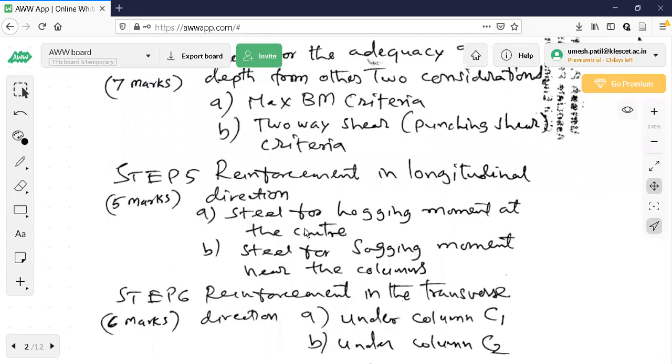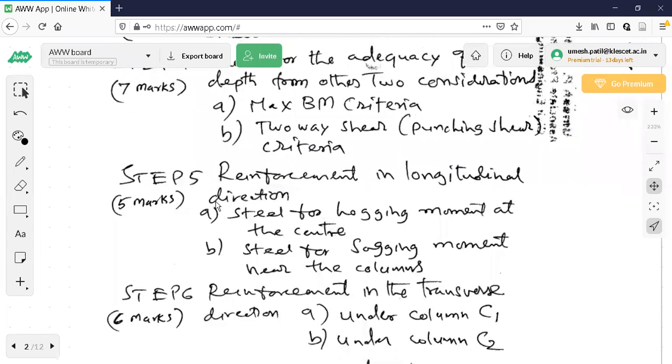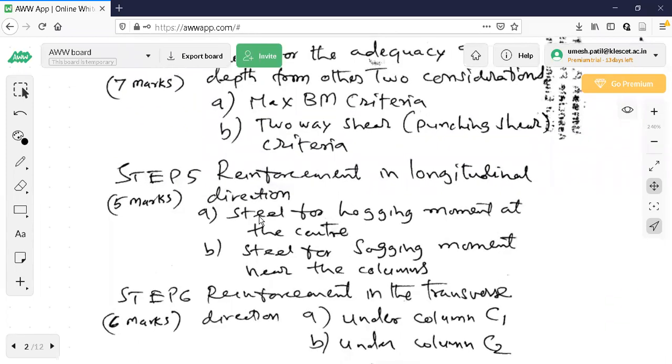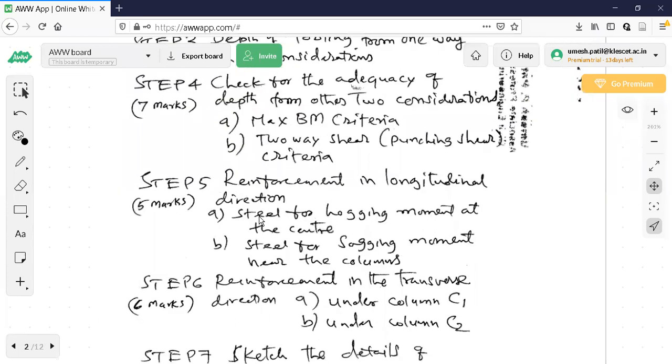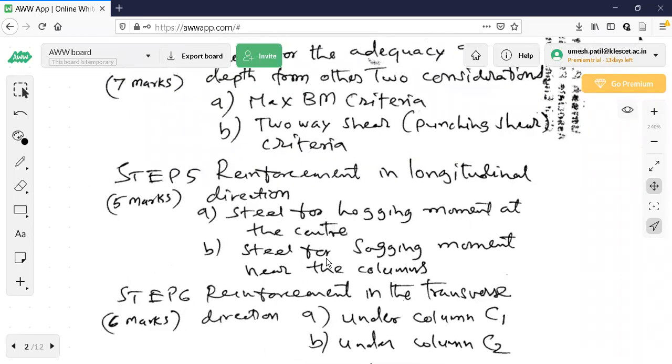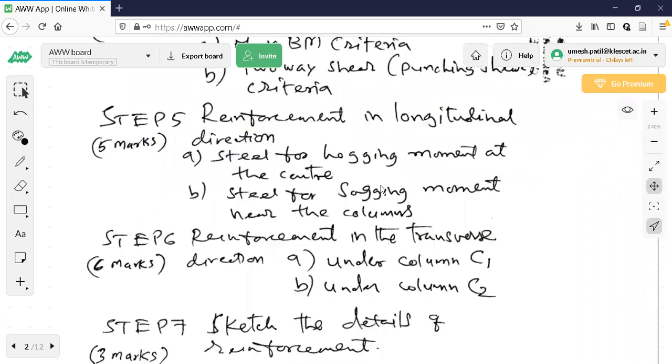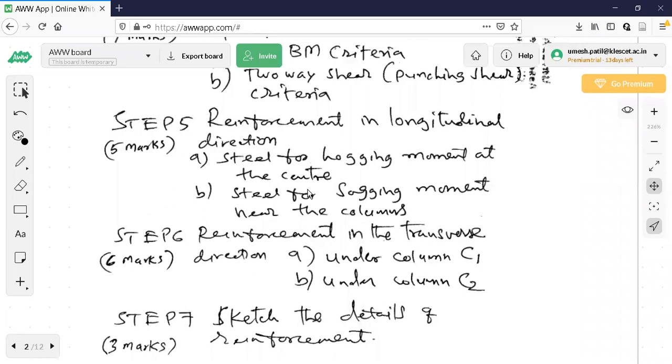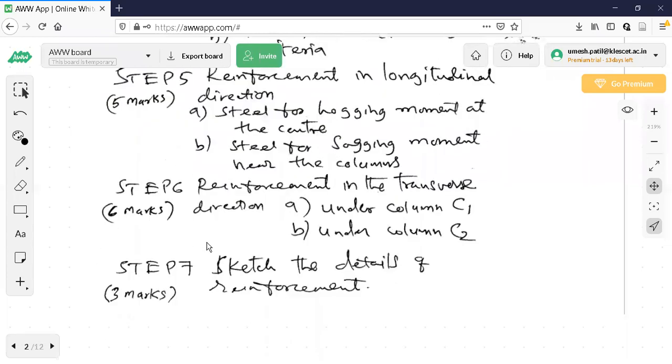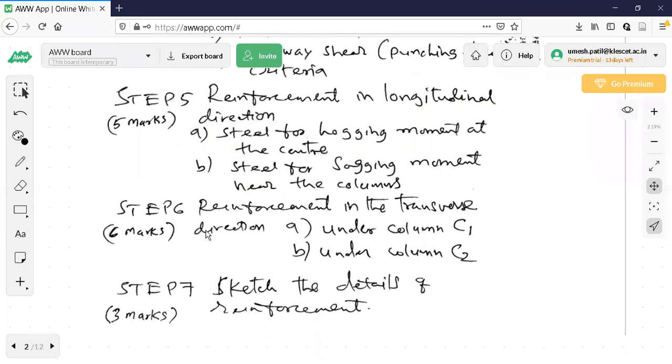Now today we shall discuss step 5, reinforcement in the longitudinal direction: steel for hogging moment at the center and steel for sagging moment near the columns. In order to understand this, you should look at the bending moment diagram. So step 5, step 6 and step 7, three more steps are left.